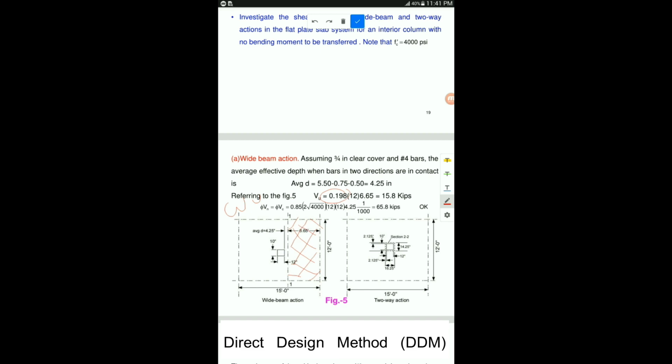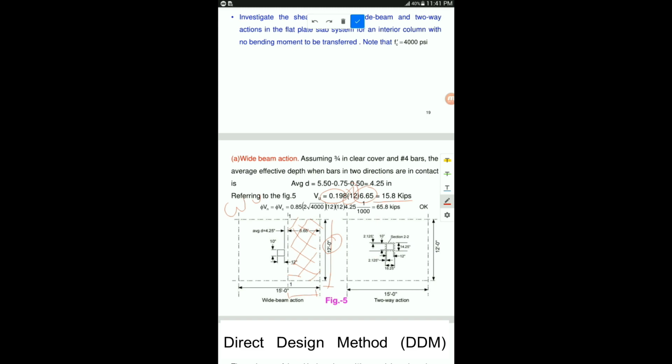This dimension is 6.65, and the other dimension is 12 feet. So 12 multiplied by 6.65, and you get 15.8 kips. This is the amount of one-way shear this floor experiences.